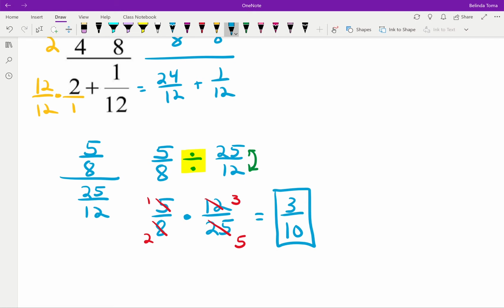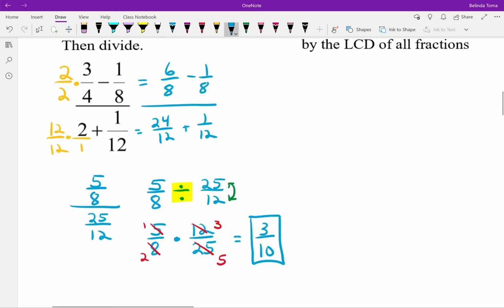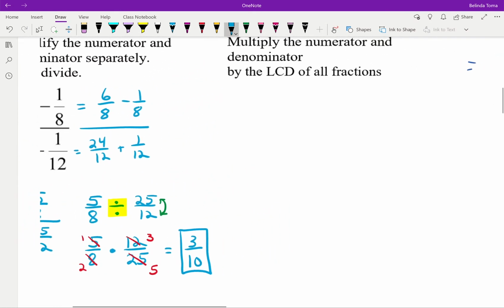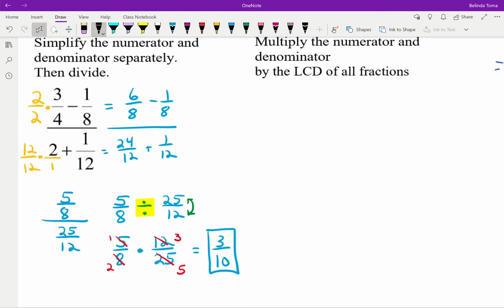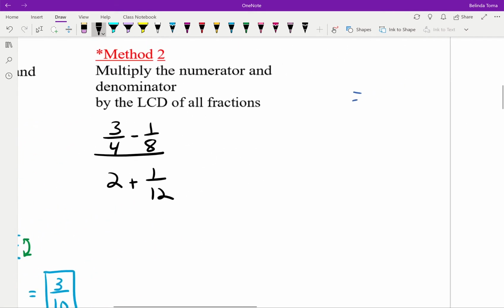So looking at the next method, I'm going to write the question again. And again, that's going to be 3/4 minus 1/8 over 2 plus 1/12. I'm going to look at the denominators here of 4, 8, and 12, and ask myself, what's the LCD of all of those numbers?